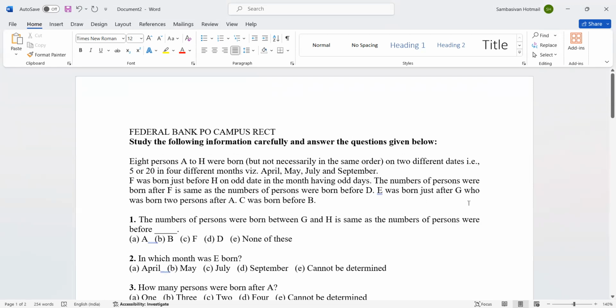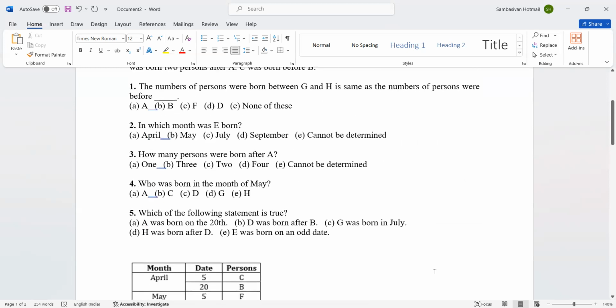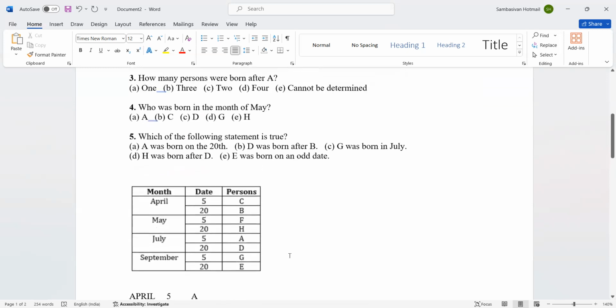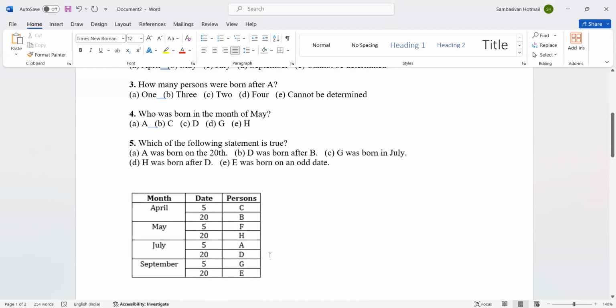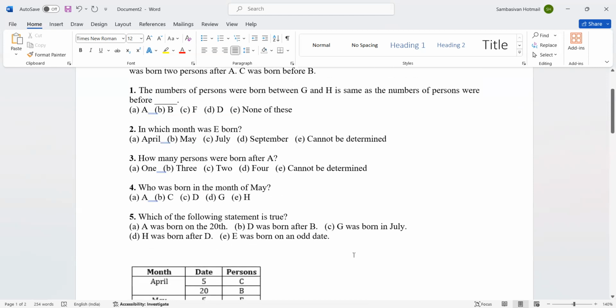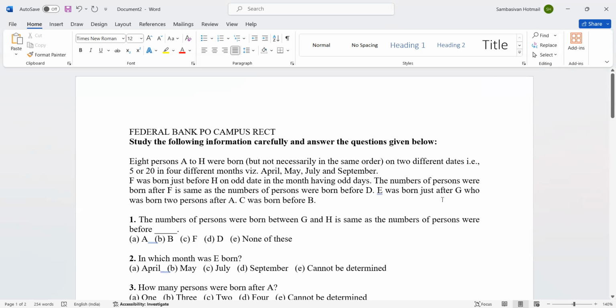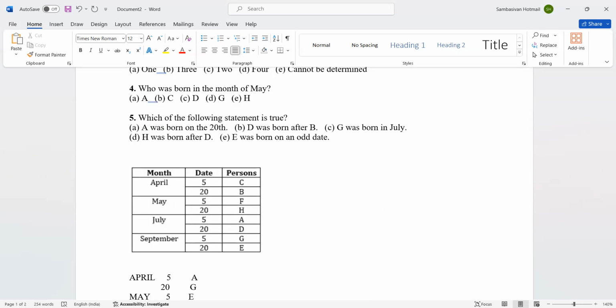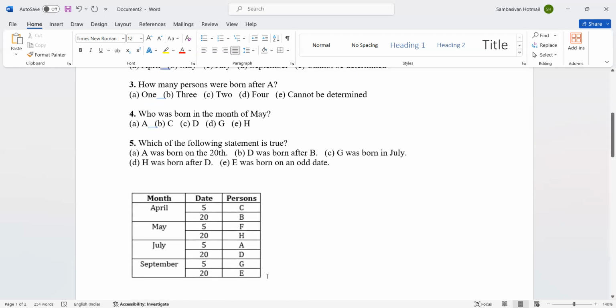Then E was born just after G, who was born 2 persons after A. E was born just after G, so this is correct. But G being 2 persons after A is given as only one.